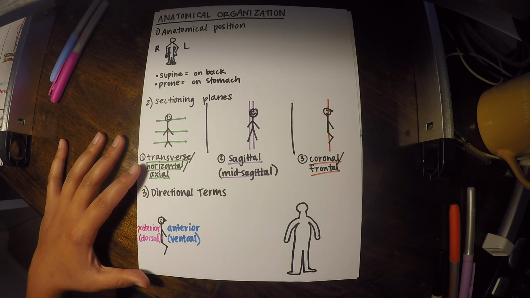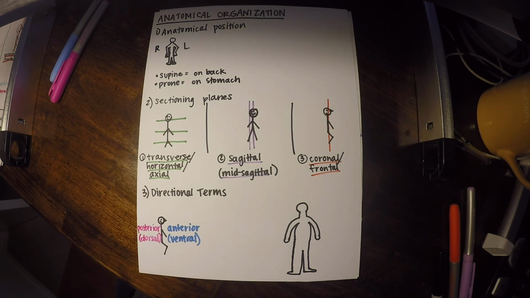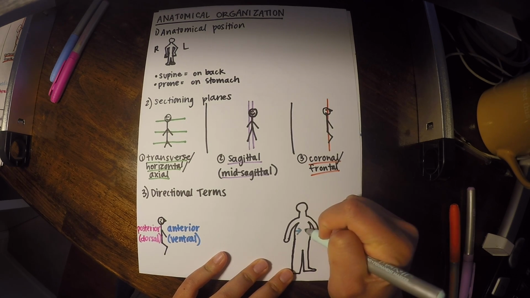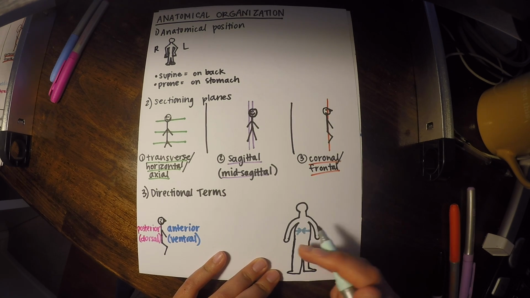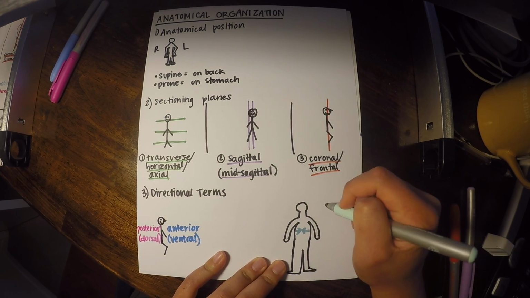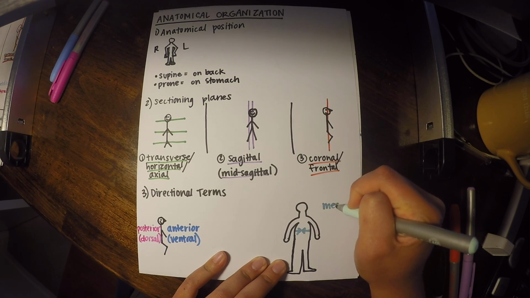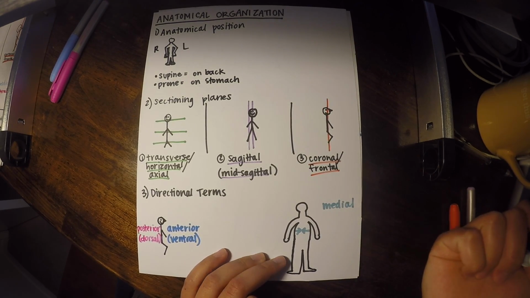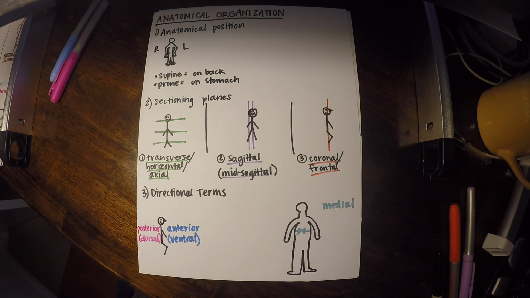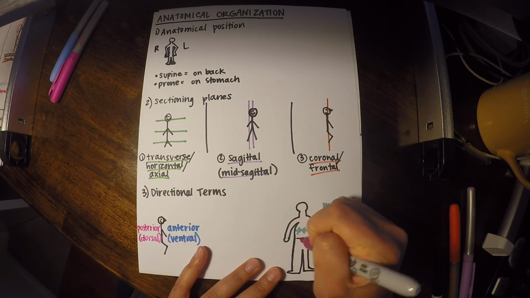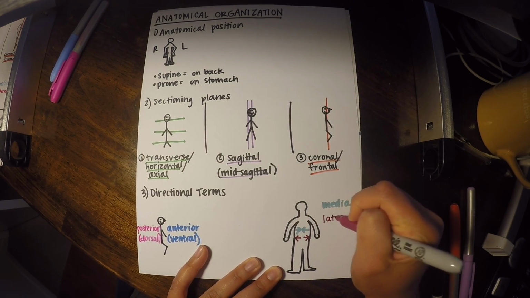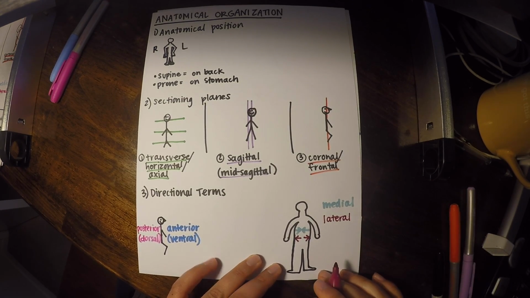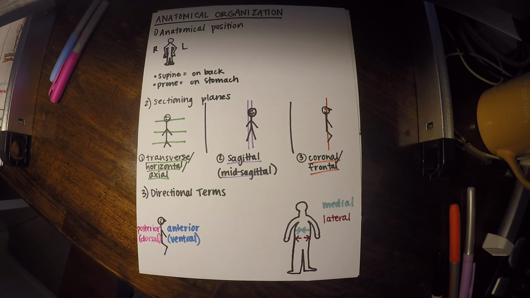Now what we're going to do is I'm going to draw arrows pointing towards the center of the body. And when we're pointing more towards the center of the body, that's going to be referred to as medial. Now, I'm also going to do the opposite, pointing away from the midline of the body. And that's going to be referred to as lateral. All right.